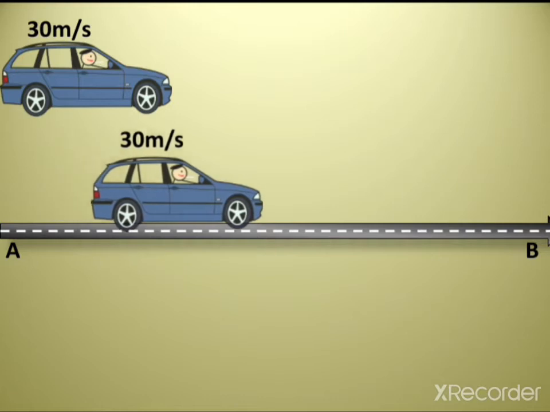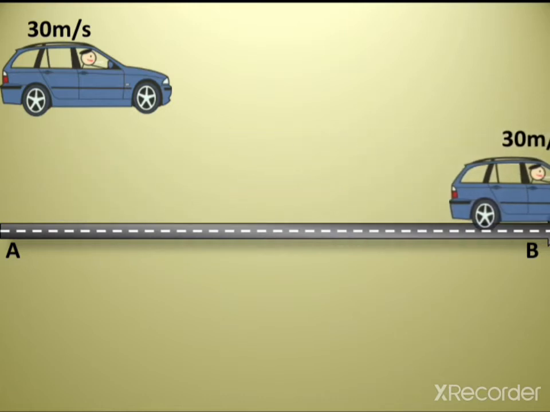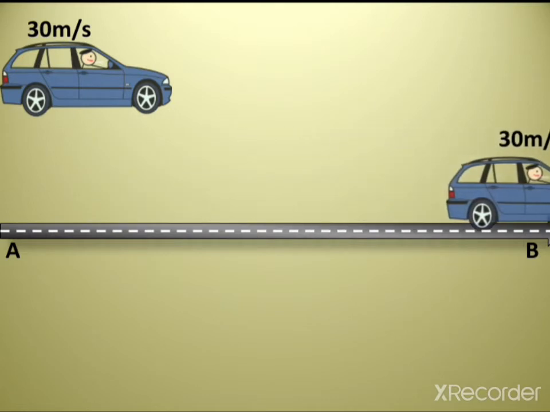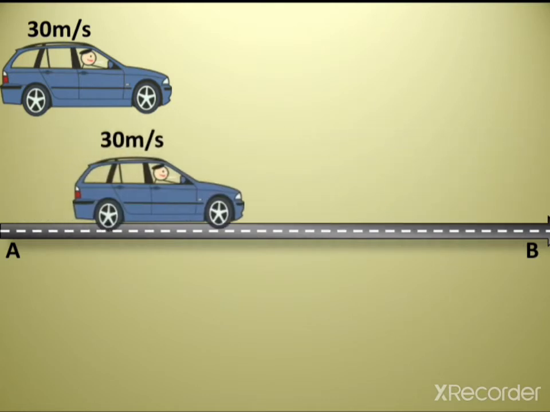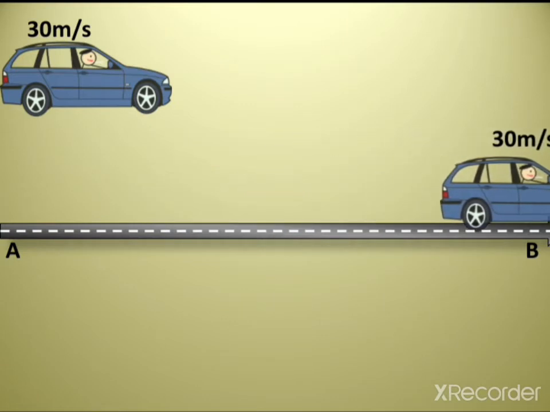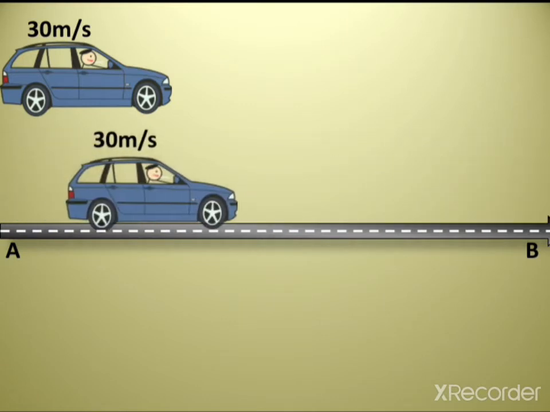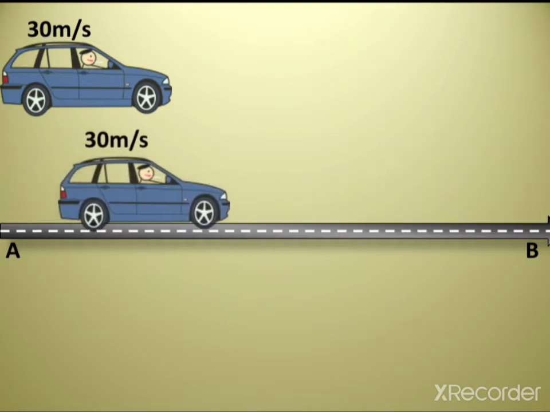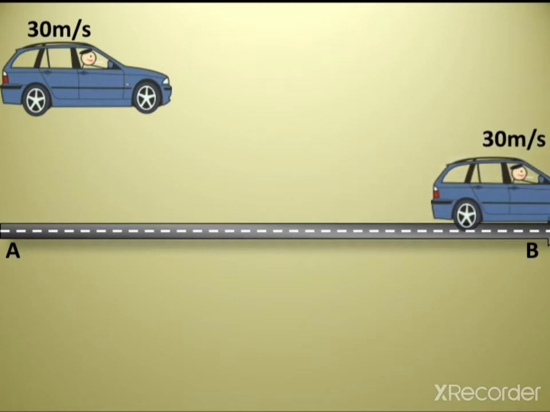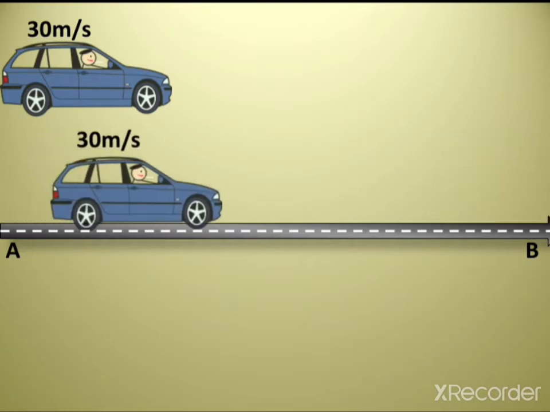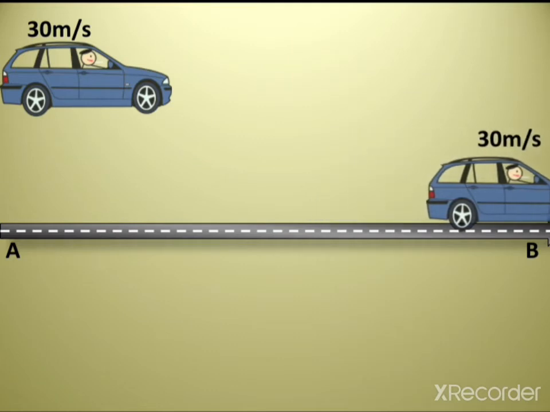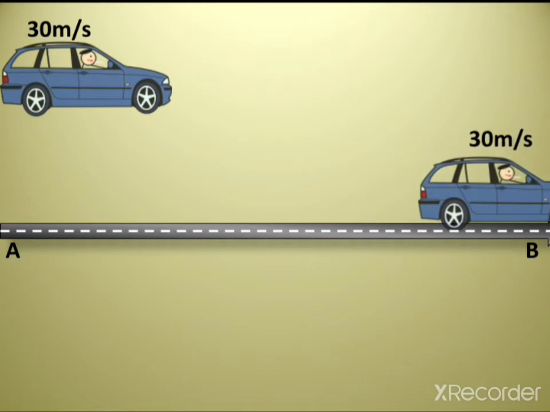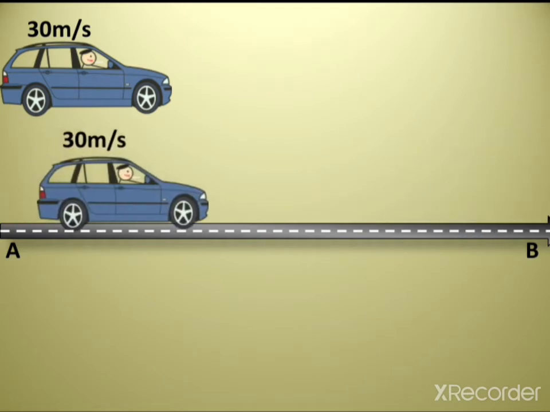Suppose you have the information that a car is moving and during the movement it has covered a length AB, but you don't know the direction in which the car is moving. This path length, without any information about the direction of movement, is termed distance.